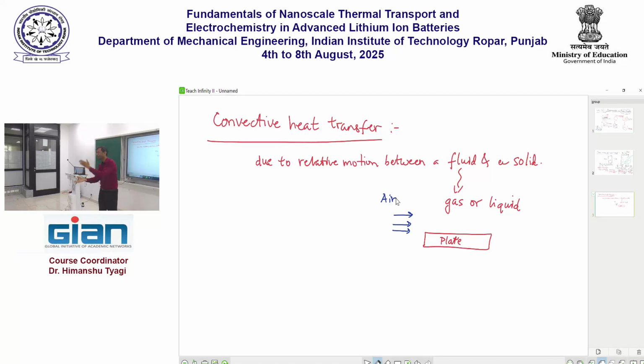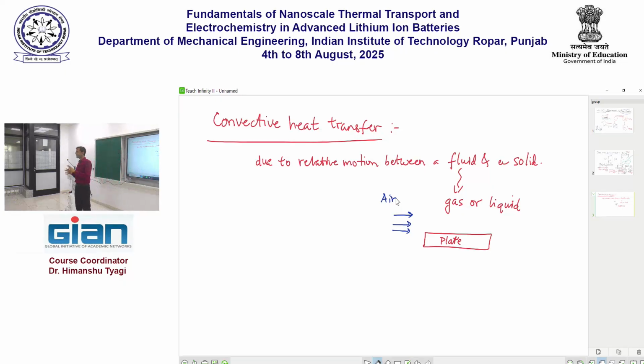It scoops a little bit of heat and takes it away with it, because of which this air will get hotter and this plate will get colder. Okay? It can certainly happen the other way also. If this plate was cold and if this air was hot, then due to convective heat transfer, some of the heat will flow from the air into the plate.